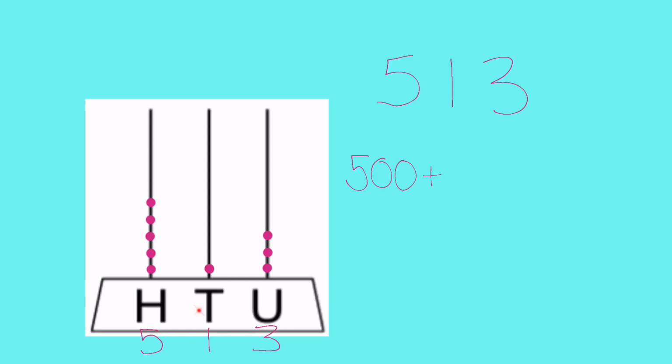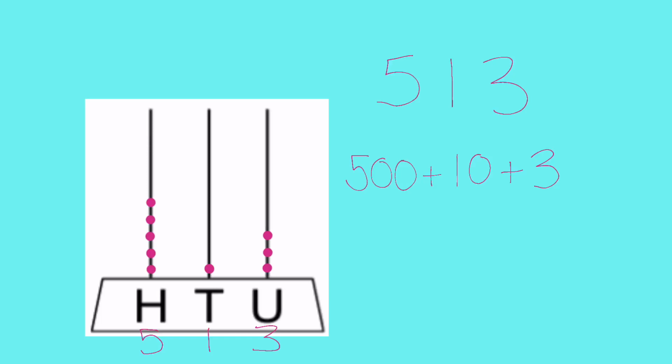Well, on the tens, we have 1 ten. And 1 ten, we would write 10. And to add to that, we're going to look at the units. And here we can see we've got 3 units. So we can write down 3. So what we've done here is we've partitioned the number 513, and we've partitioned it into 500, 10, and 3.